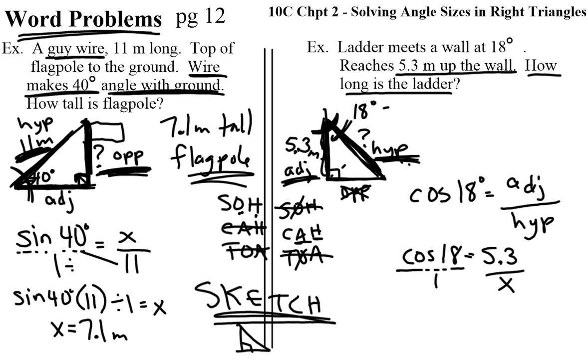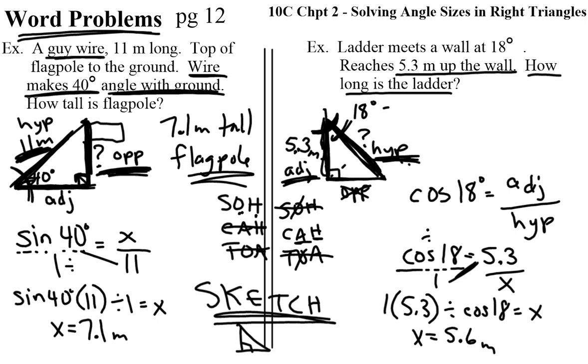Find a side length by cross multiplying. 1 times 5.3 divided by that extra piece, which is cosine 18, will equal the x, which is the length of the ladder. 1 times 5.3 divided by cos 18 gives us 5.6 meters. So our x is the 5.6 meter long ladder. That's what we solved for.